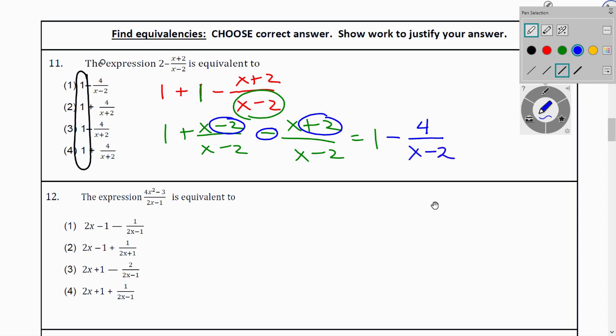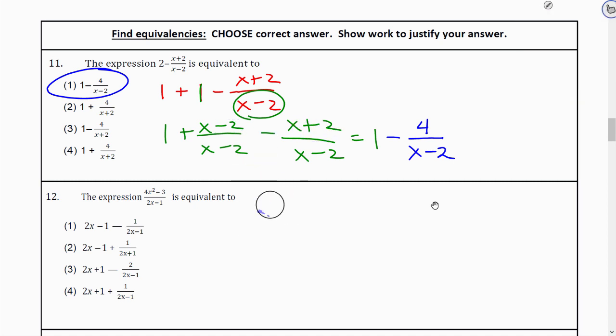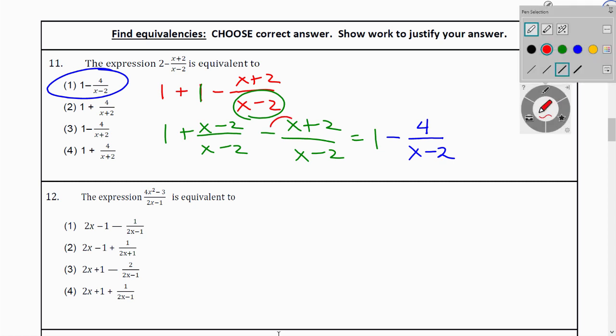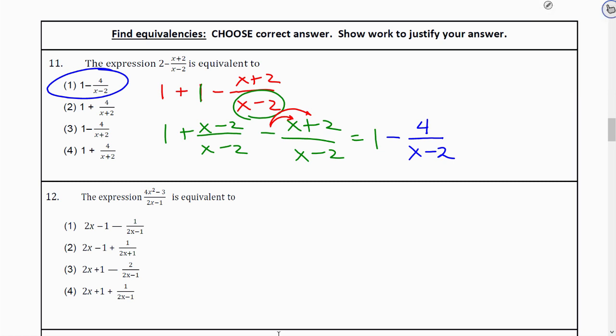So then I would have (x minus 4) over (x minus 2). If you go about this by distributing the negative, make sure you do it carefully, because that's the most common place to make a mistake.